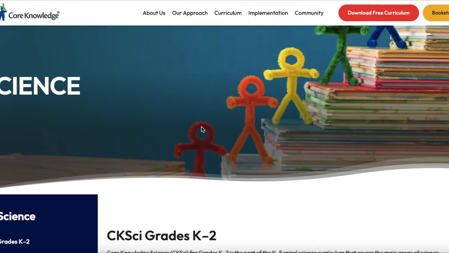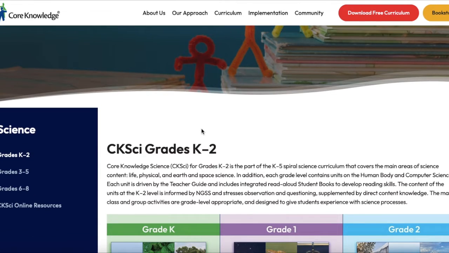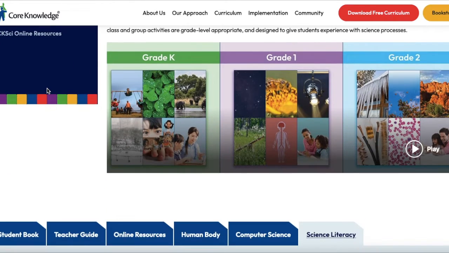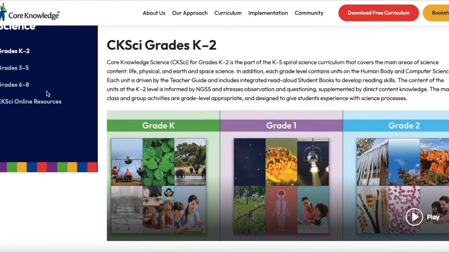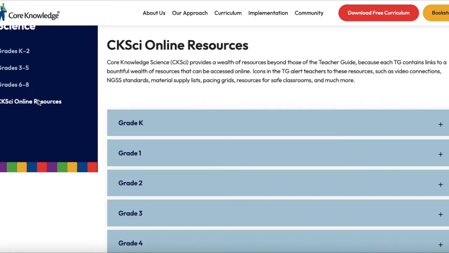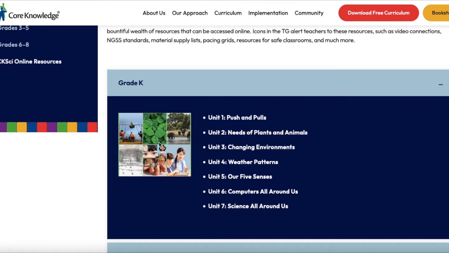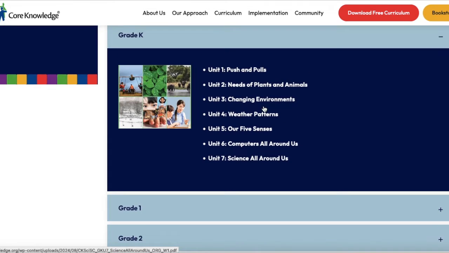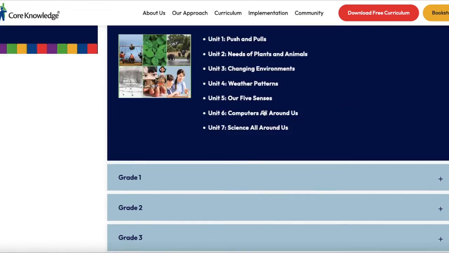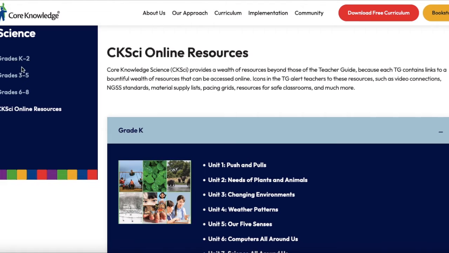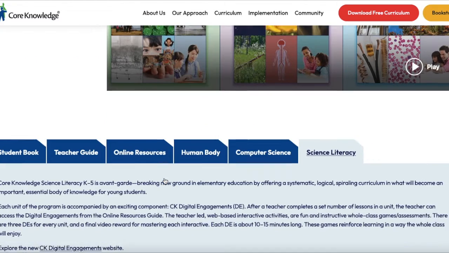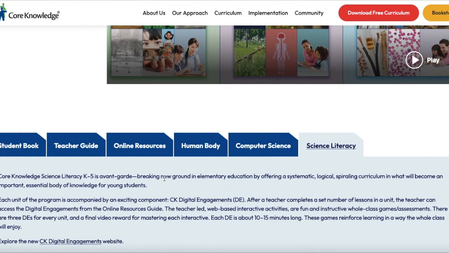This is the Core Knowledge Science, and this is just a brief overview. And I wanted to point out a couple of things here. First of all, if you're ever looking for the online resources, they can also be found here. They are within each unit as well, but if you're ever looking for specific online resources, you can check that. One thing I wanted to point out that I really appreciate that Core Knowledge does is they continually add resources.